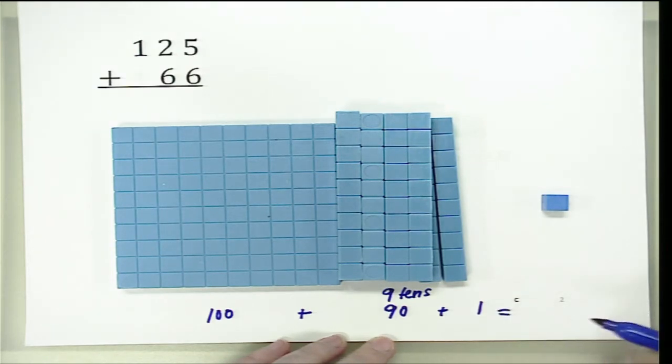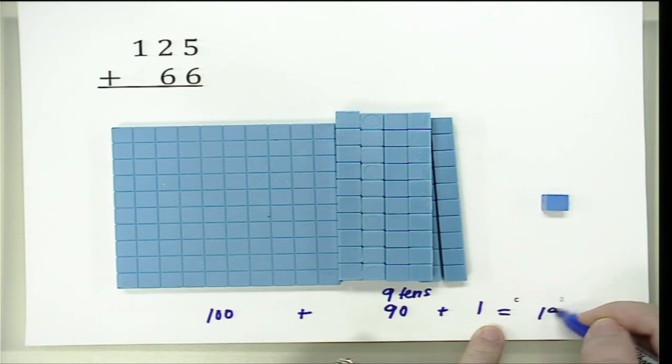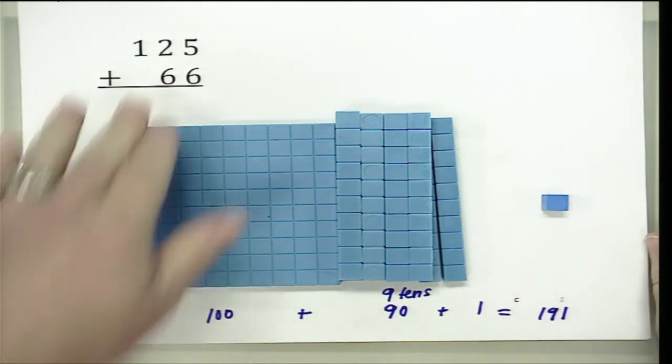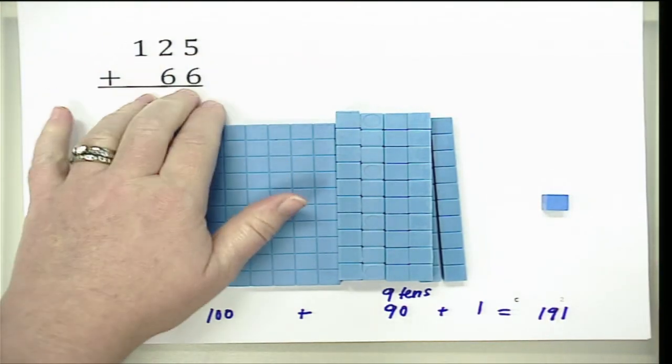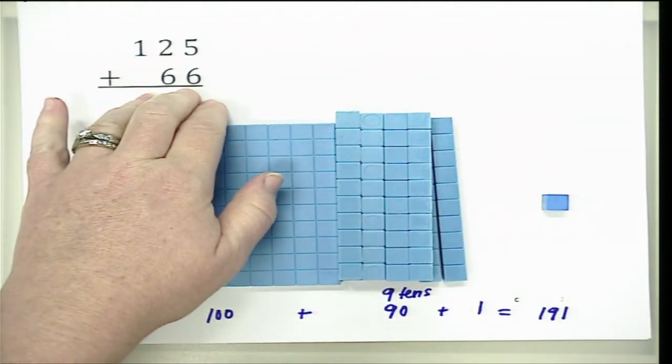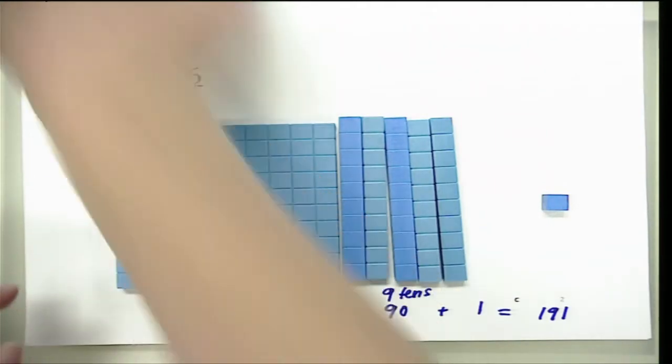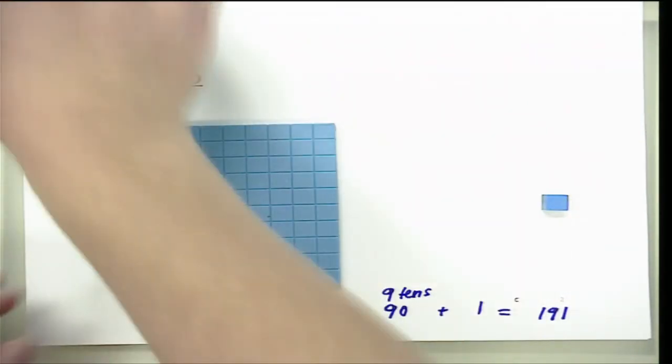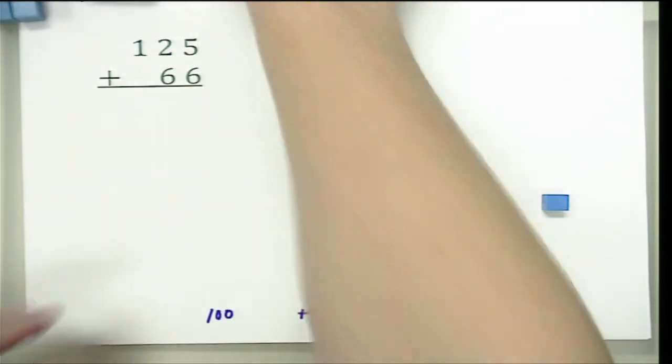And that is equal to 100 plus 90 plus 1 is 191. So that is how you represent a 3-digit with a 2-digit with regrouping. So next we're going to look at subtraction.